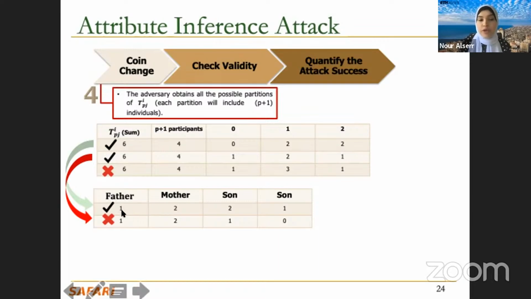For example, if the father and mother have 1 and 2, it's impossible in the normal way, if we go directly to Mendel's law, for the son to have the value 0. If the father and mother have 1 or 2, then the son can be 1 or 2, but he cannot be 0 at all.